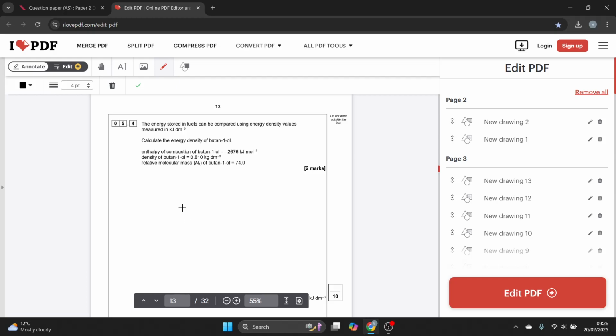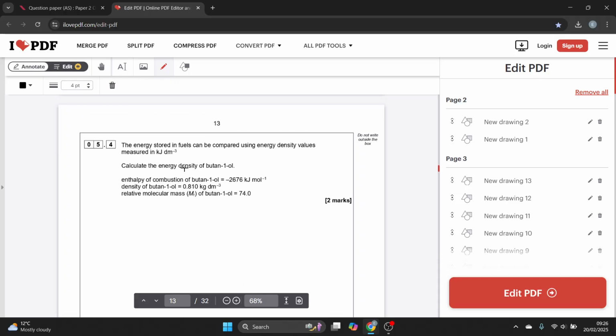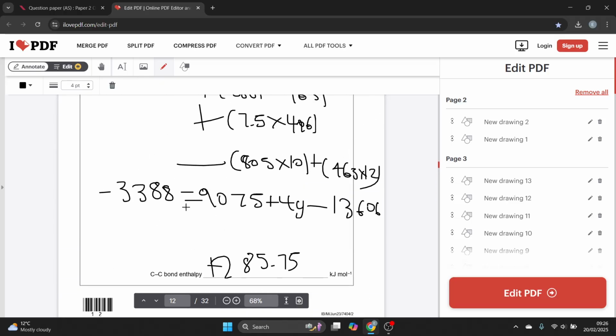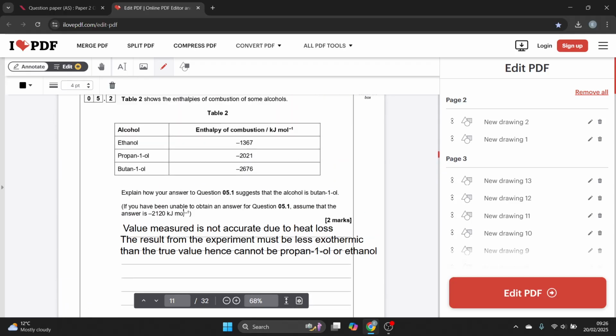And to calculate the energy density of butan-1-ol, I'm given the density and the Mr, so I'm guessing they're giving me the volume.